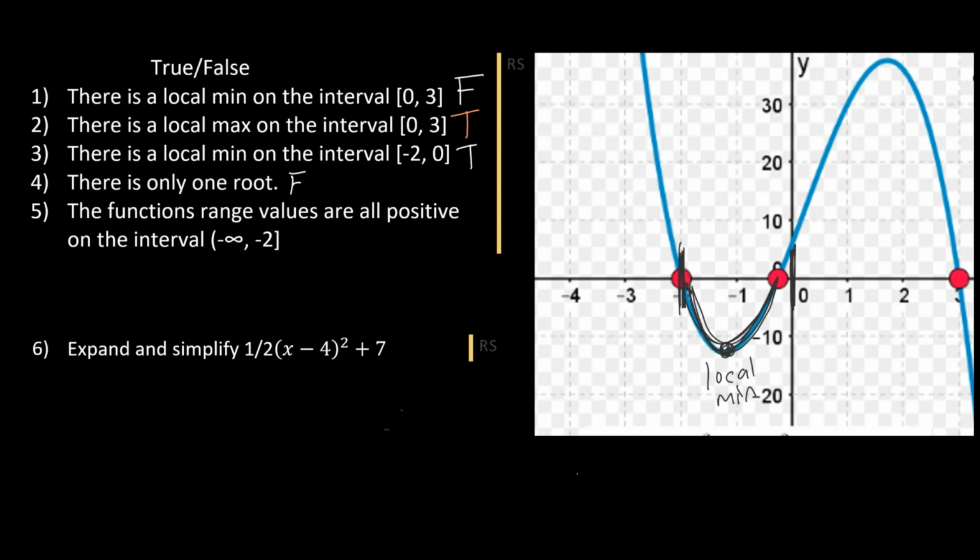No. Going from negative infinity, way, way down the x-axis that way, all the way up to negative 2, my range values, range is what values? My y values, are they all positive?